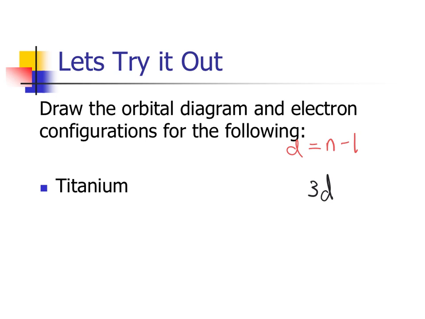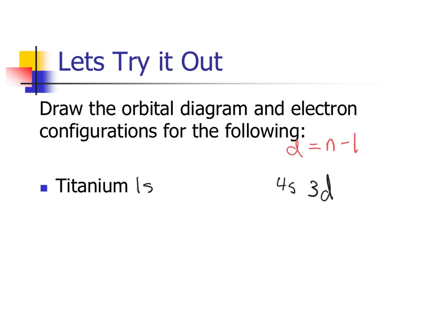Normally we don't write the previous one right before it, but right before it is scandium and then calcium. And calcium ended with what? 4s. How do I get there?